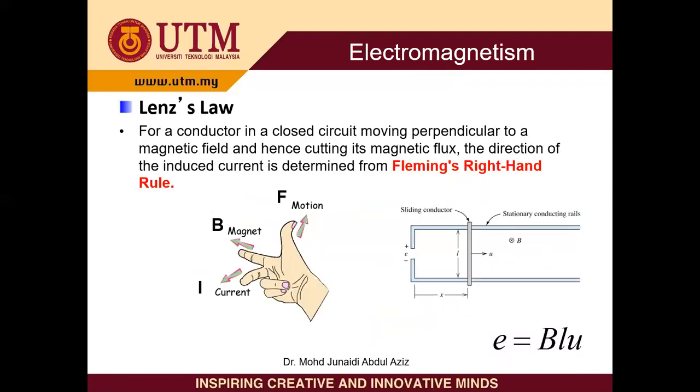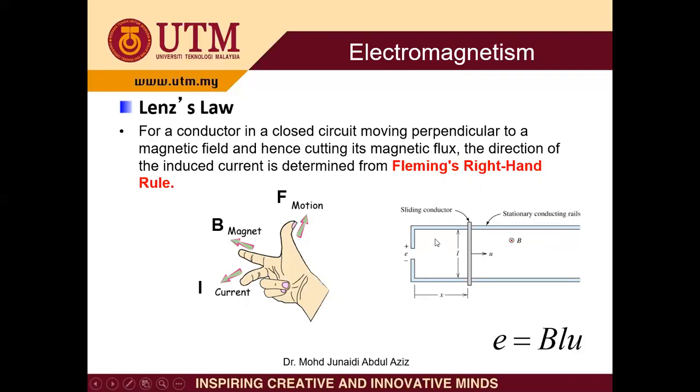Another Lenz's law, because Lenz's law has several types. This one states that for a conductor in a closed circuit moving perpendicular to a magnetic field and hence cutting its magnetic field, for example, this B, the magnetic field going downward, the direction of the induced current can be determined by using Fleming's right-hand rule.